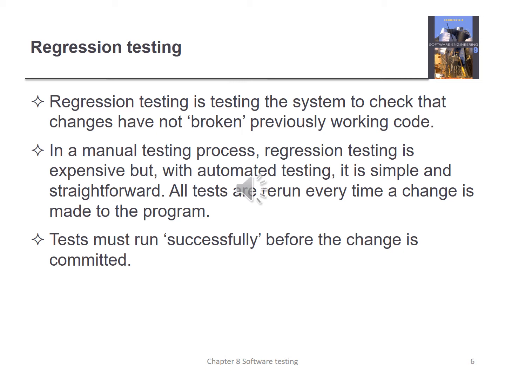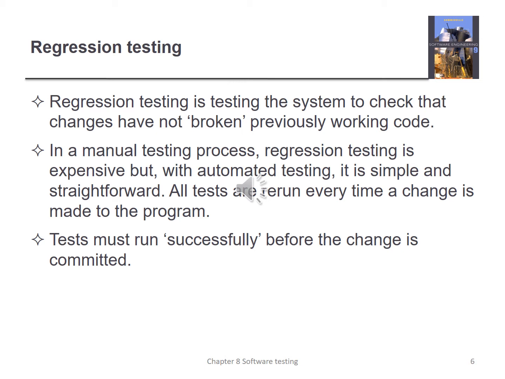In other words, the new change we've made to the system doesn't screw up the previous parts of it. So we run the test cases of the previous increment and the current increment.